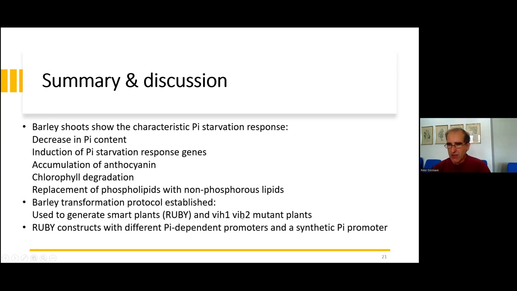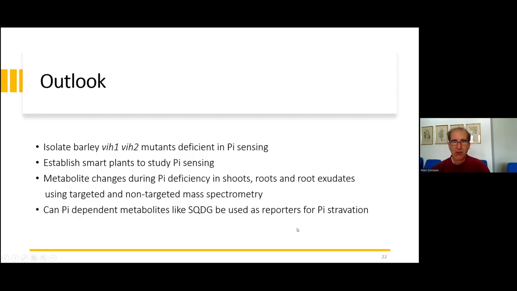We are on the way to isolate the VIH1, VIH2 plants. This is underway. Outlook. Obviously we need to, and this will be quite a lot of work, identify the VIH1, VIH2 plants. We need replica plants, independent transforms, and so on and so on. Obviously then do phosphate deprivation experiments and characterize gene expression and metabolic changes.